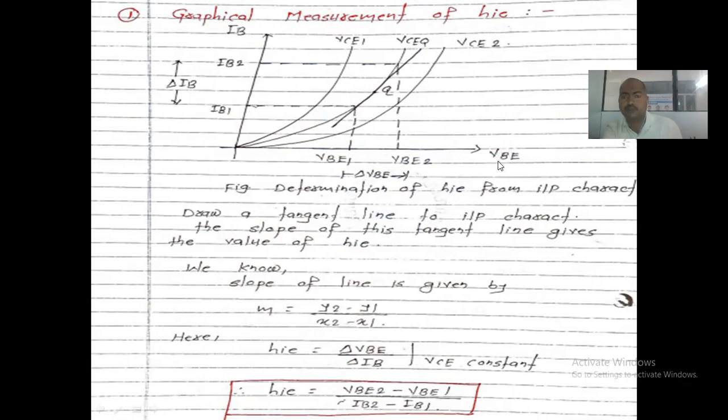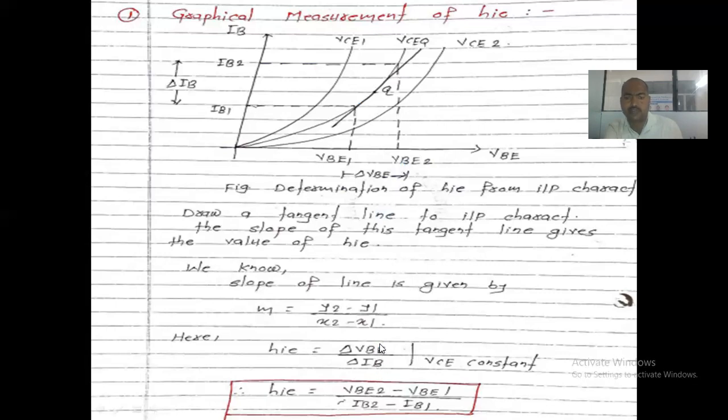So when we have to find out the value of hie, this value must be Vb divided by Ib. But when we have to calculate the value of hie, we have to use the slope point, right? Slope point indicates that there are 2 points, right? So upper point minus lower point of both. Vb also has 2 points and Ib also has 2 points.